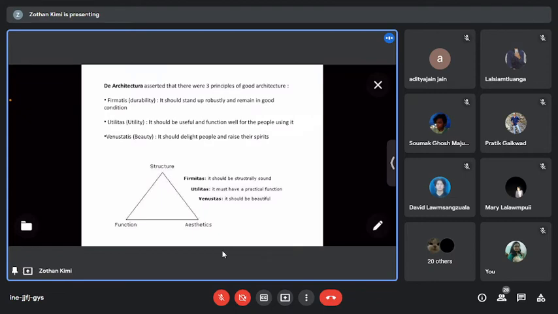So these are the three main principles on which he based his design. And proportion, the thing we talked about, the human proportion, will be mostly in terms of the visual aspects, because beauty is one of the three principles of the design that he has followed.